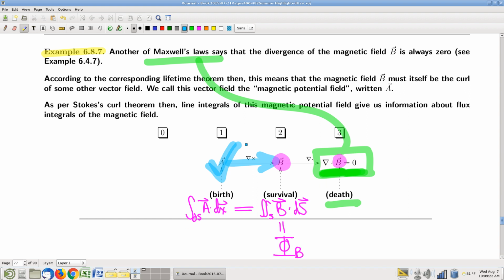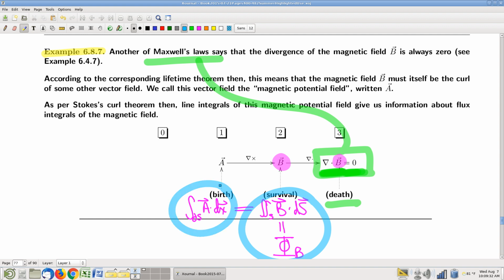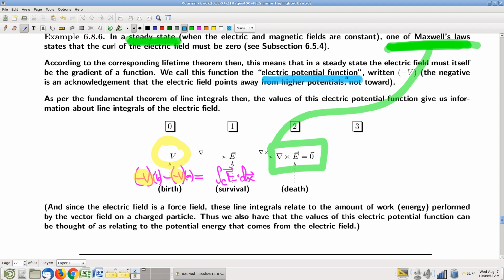If I'm interested in magnetic flux, I can understand things about magnetic flux simply by looking at boundary circulations of that thing. So that's what this thing is. We call this the magnetic potential field, because that is a thing that gives us information about magnetic flux, in the same way that this electric potential function is a tool that gives us information about electric line integrals.